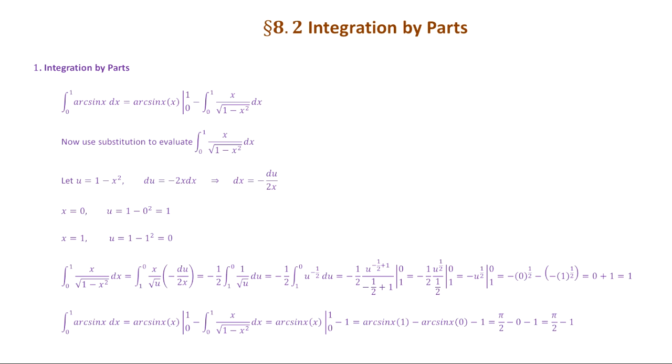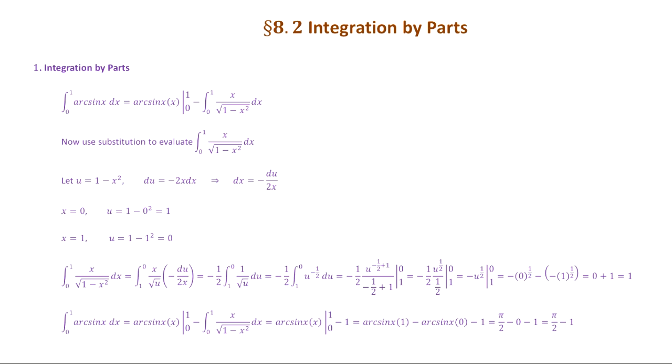All right? And then you should figure out the new lower and upper limits of integration for the new variable u. So when x is 0, u will be equal to 1 minus x squared, so that will be 1 minus 0 squared, which is 1, isn't it? When x is 1, u equals 1 minus x squared, so you subtract 1 minus 1 squared, so you get 0, okay?